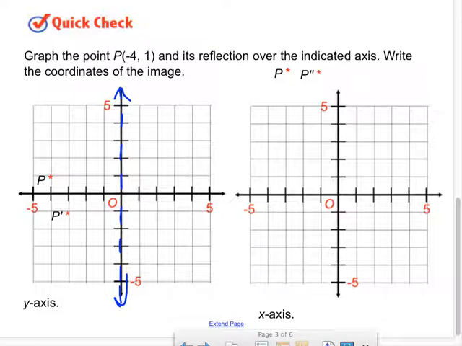Can you make an adjustment now that you see it? I think what you're thinking of is an up and down reflection. This line is side to side. So where should my P prime be at?